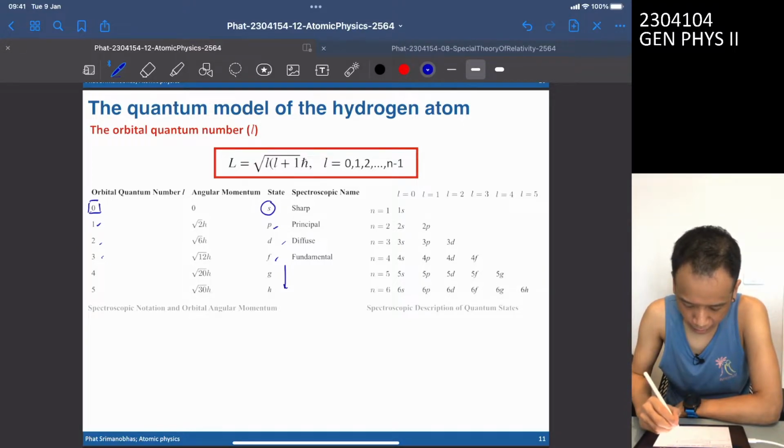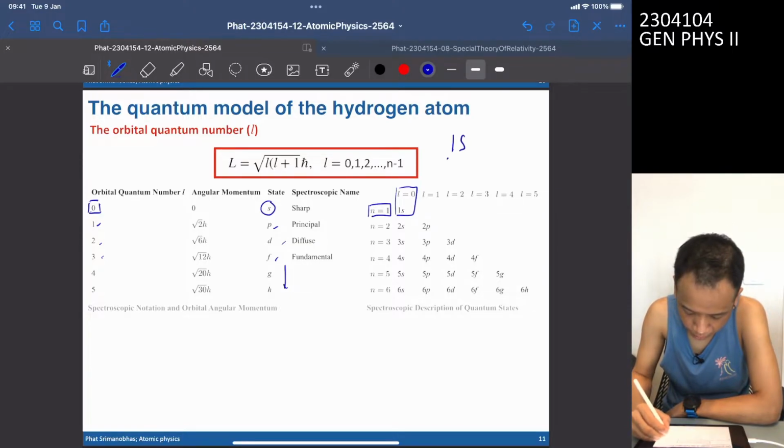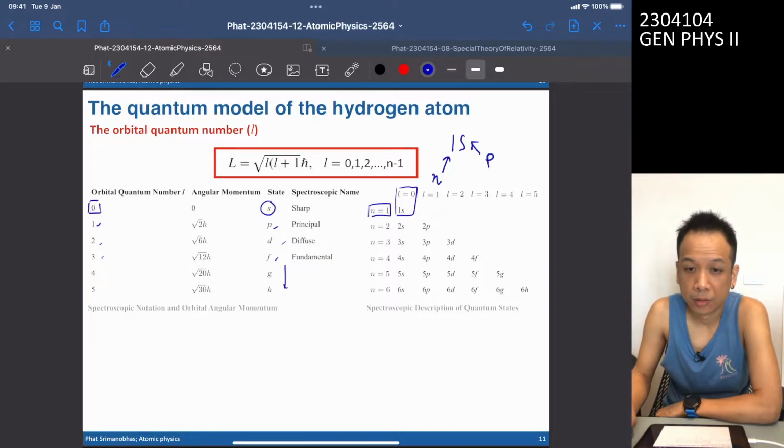When we represent the state with principal quantum number 1 and l equal to 0, you say this is 1s. The first number is n, the second is the letter for l, so 1s is n equal to 1 and l equal to 0.